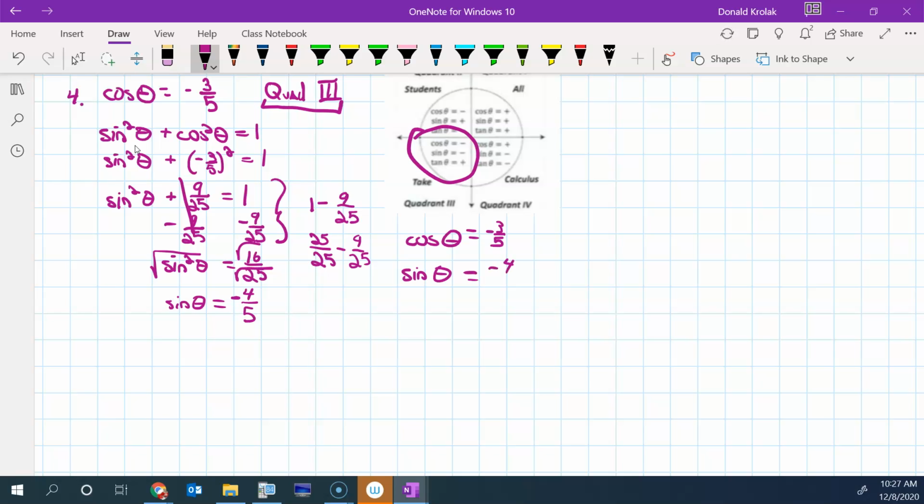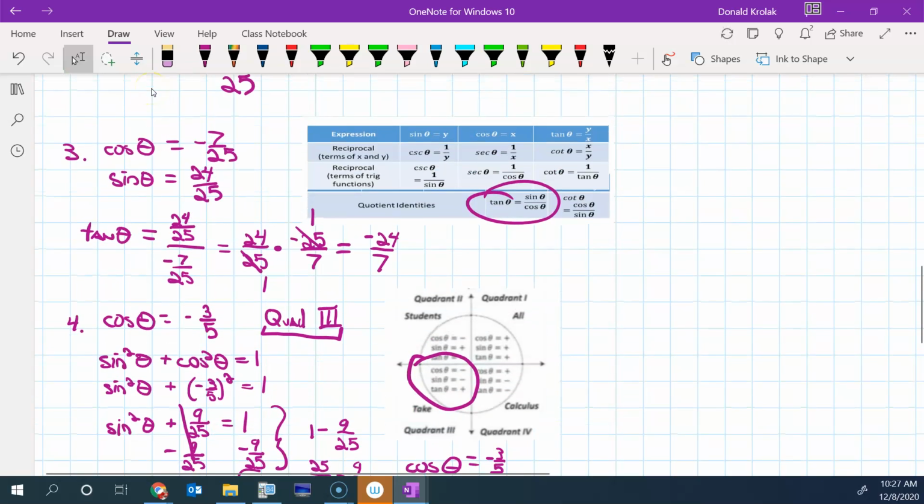sine negative 4/5. Tangent, okay, tangent is sine over cosine, right there.